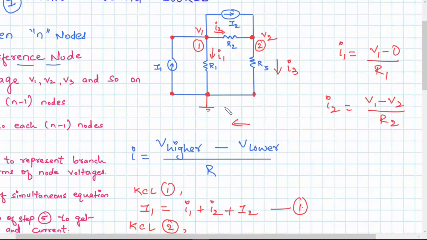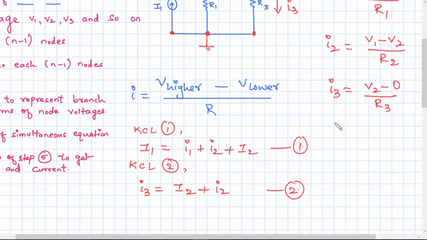Alright, so let me quickly delete all these values. So now we have I3 as V2 minus 0 over R3. Let's substitute all these values in these two equations over here.